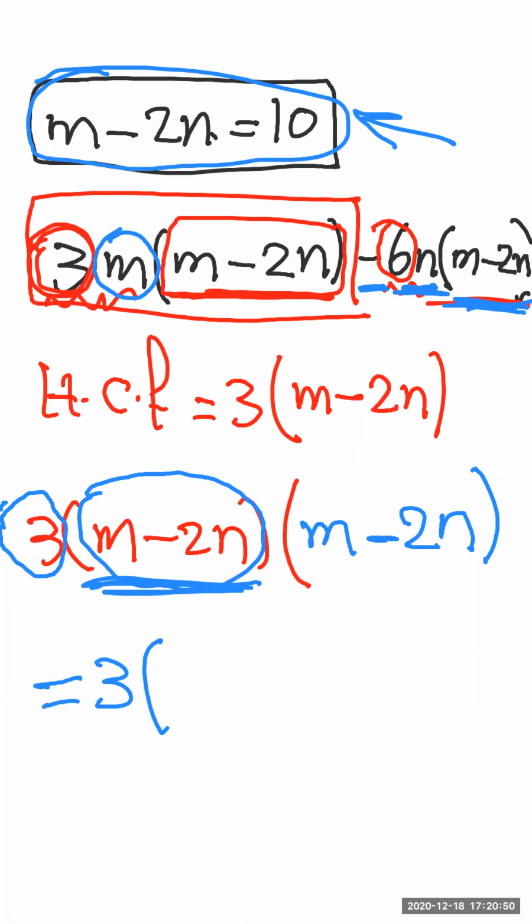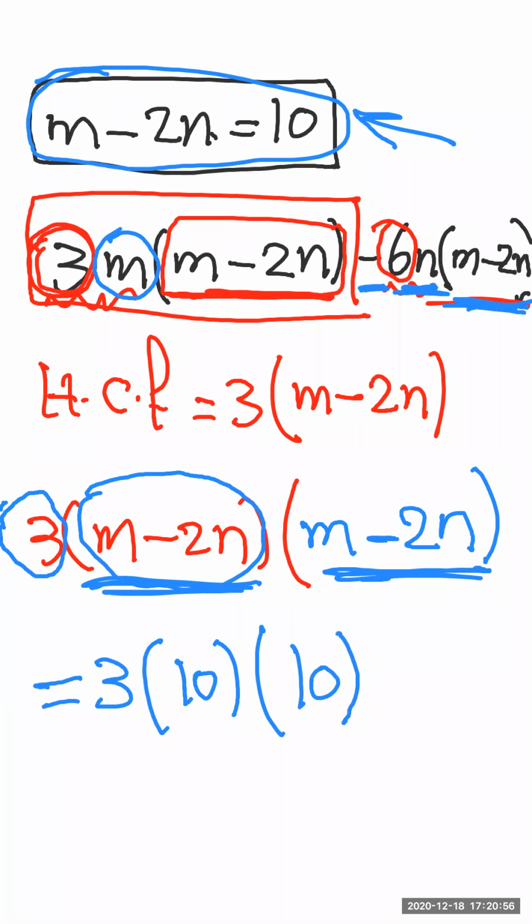So 3 times 10 times 10. 10 times 10 means 100, then times 3 equals 300. Now I got the numerical value. So actually, guys, we finished this lesson, and hopefully all of you understand the lesson of factorization well.